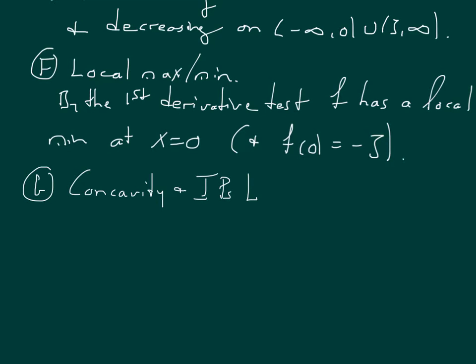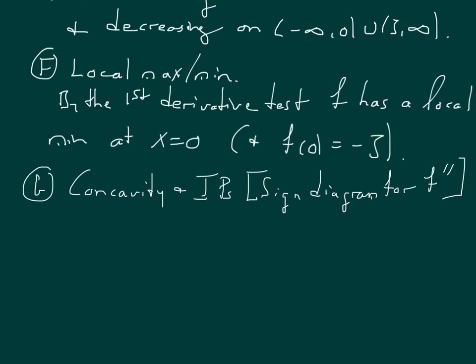If we want to know the concavity of f, all we have to do is construct a sign diagram for f prime prime. When f prime prime of x is bigger than 0, we'll know that f is concave up, and when f prime prime is less than 0, we'll know that f is concave down. If we have a sign diagram for f prime prime, we'll know exactly when f prime prime is bigger than 0 and less than 0.